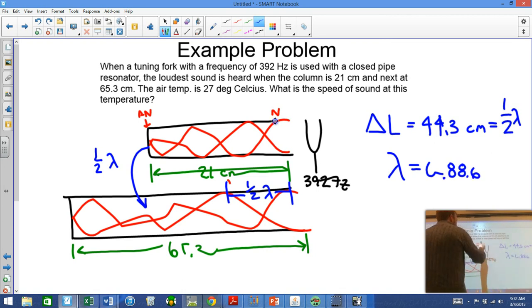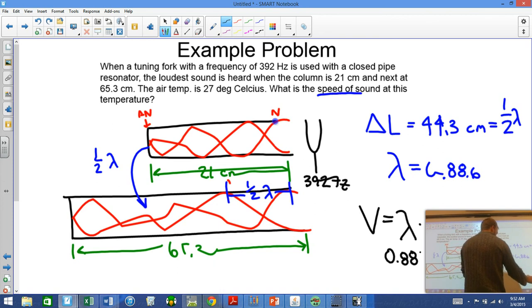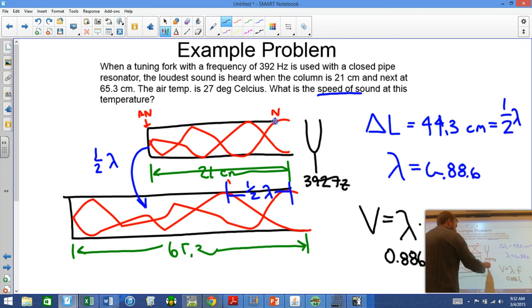So I can figure out the speed of sound. My speed of sound is the wavelength times the frequency. The wavelength being 0.886, and my frequency is 392.